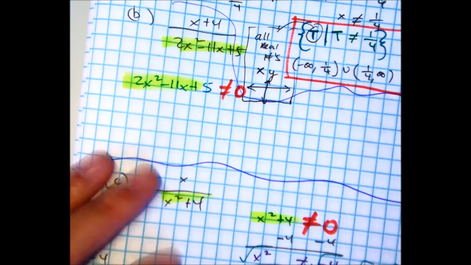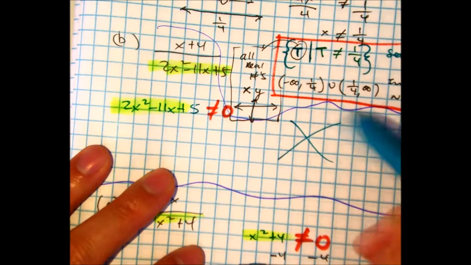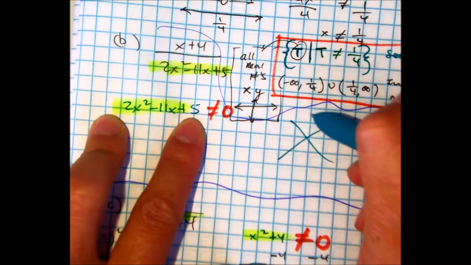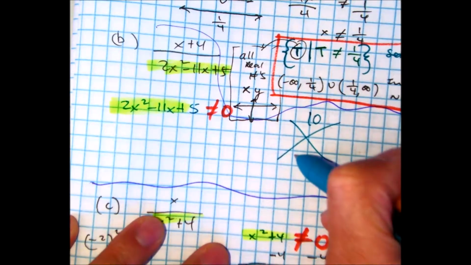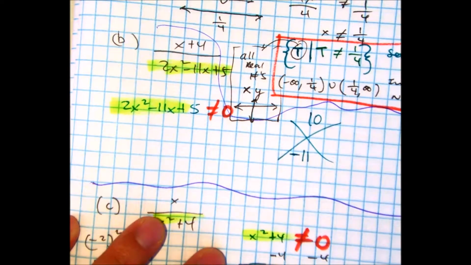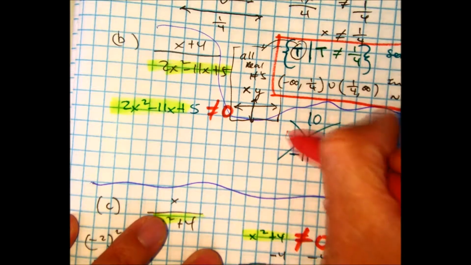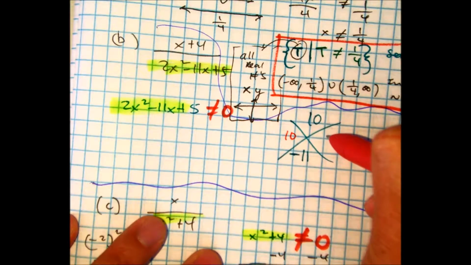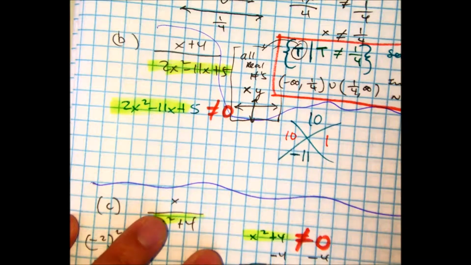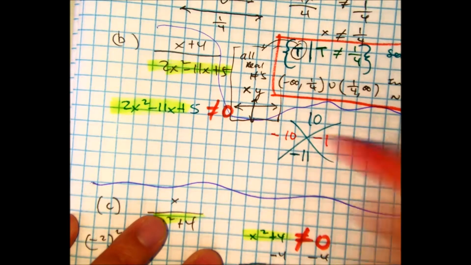Okay, we got to factor. A times C. B value. Two numbers that multiply to be 10, add to be negative 11. 10 and 1? Which one's 10? Which one's negative? They're both negative.